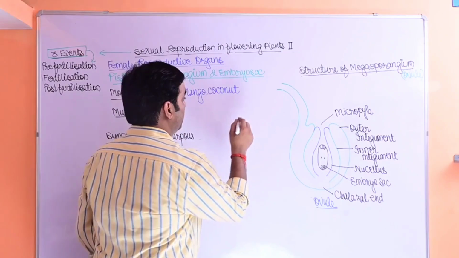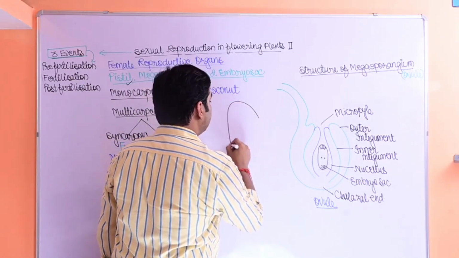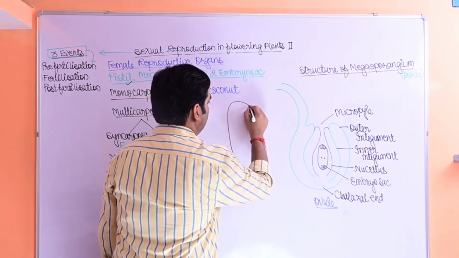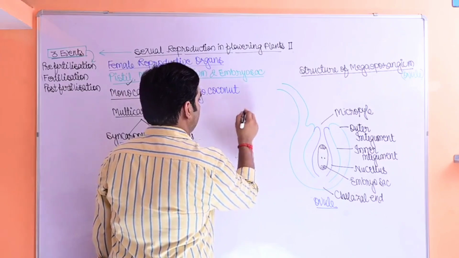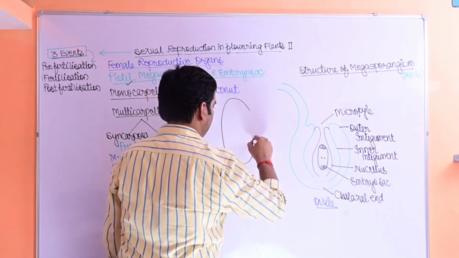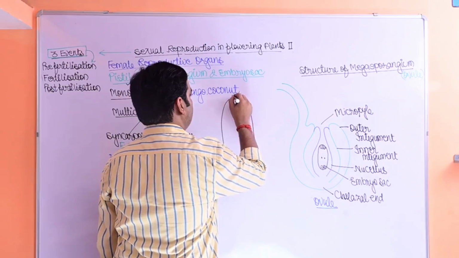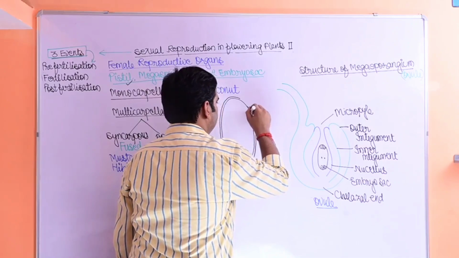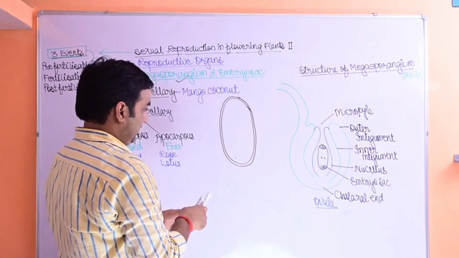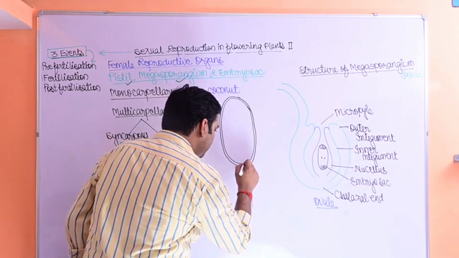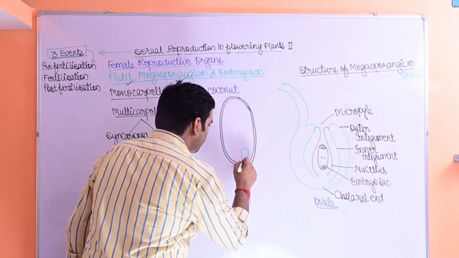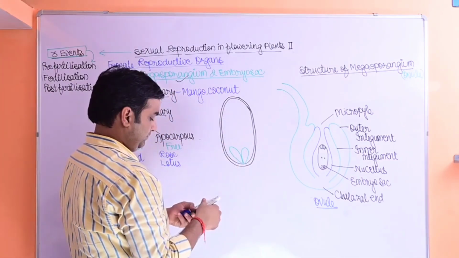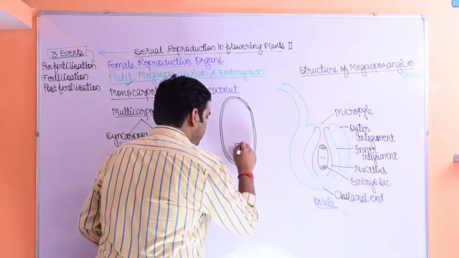So let me draw the diagram of this embryo sac. A bigger cell, and two bigger cells here, and just behind it one more cell is there.